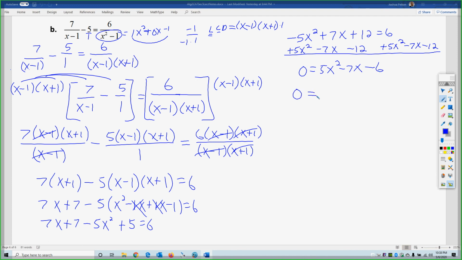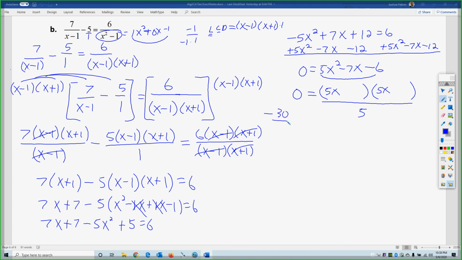All right, so we'll do some factoring. 5x times 5x is 25x squared. Divided by 5 gives me 5x squared. 5 times negative 6 gives me negative 30.